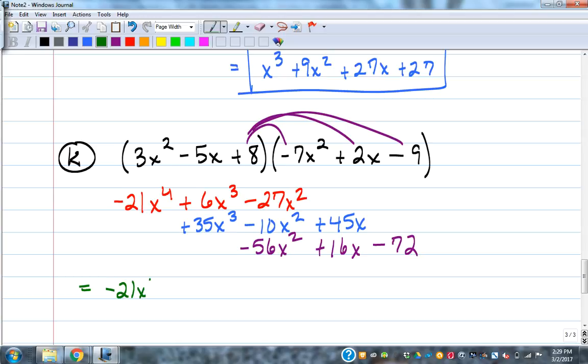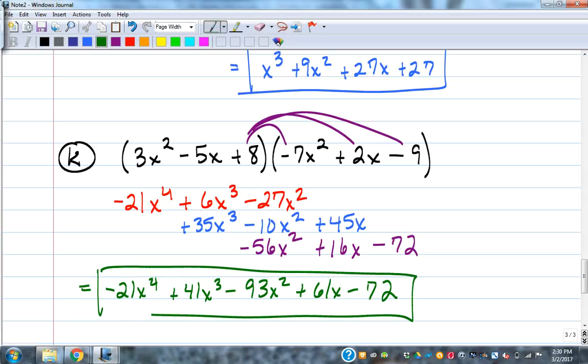Negative 21x to the 4th plus 41x cubed, 37 and 56 would be 93x squared, 61x, and we've got a polynomial built out of it.